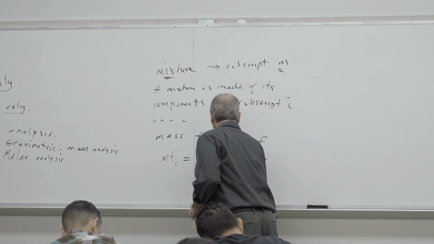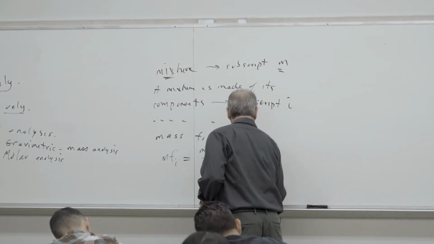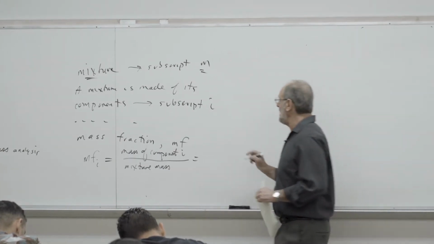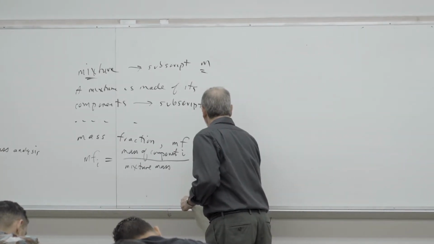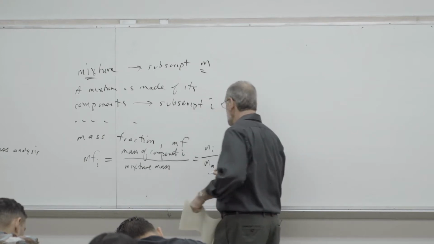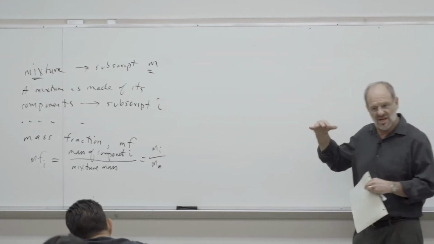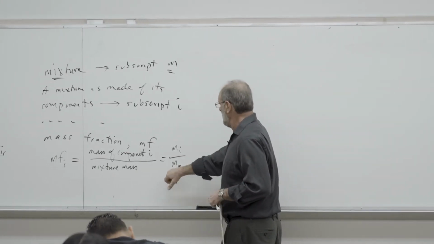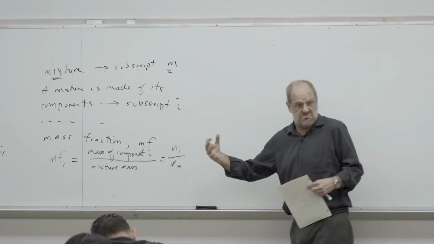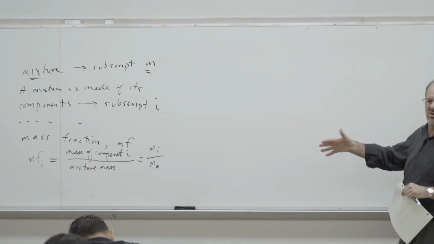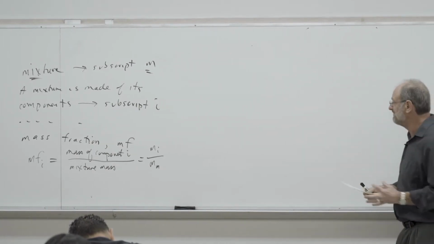So I'll just call this mixture mass. In other words, the mass fraction is just going to be M sub I over M sub M. Now, please note here that the subscript M clearly is not the same as the variable M. This M here refers to the mass. The subscript refers to the mixture or the individual component.